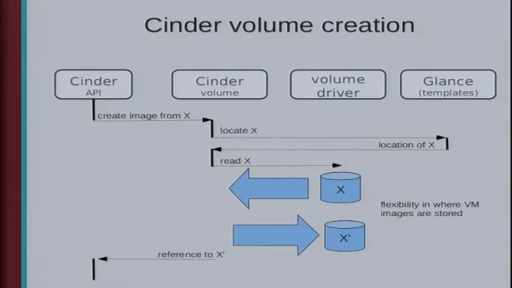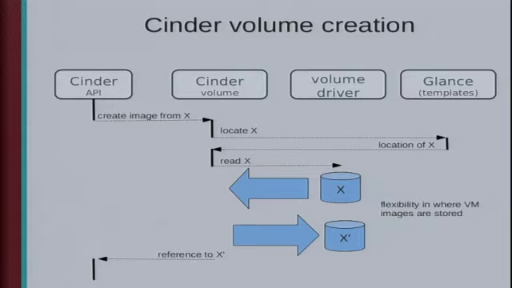Now with Folsom, Cinder has learned how to talk to Glance, and Glance can respond back with a full copy of the data directly to Cinder, and Cinder can then write it to the backend storage system. And that's great. Now you can easily boot from that kind of volume. But it still involves a large copy of data from Glance to Cinder, which is really not necessary.